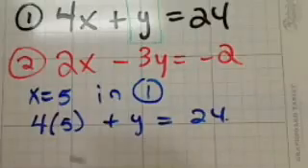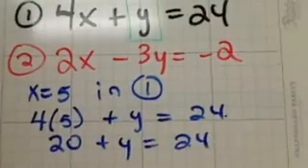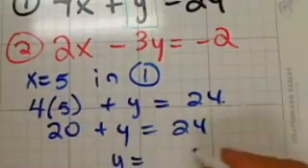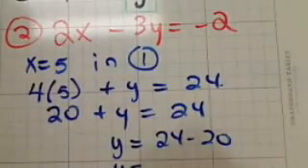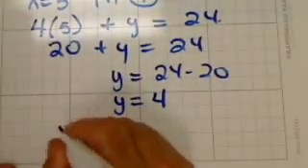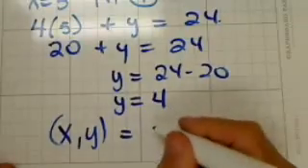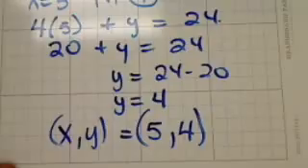And I see that's 20 plus y equals 24, and then I could subtract 20 from both sides, and I get y equals 4. That's very nice. That leaves me with a solution of x comma y is equal to 5 for x and 4 for y.